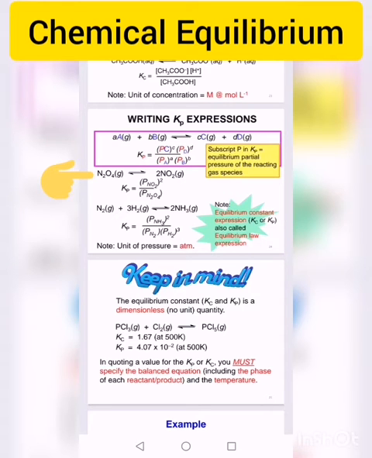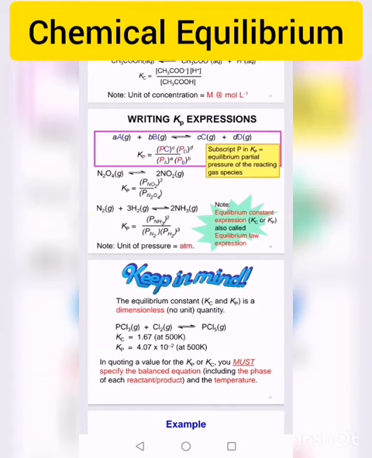Next, nitrogen and hydrogen decompose to produce ammonia, a reversible reaction. We have the partial pressure of ammonia to the power of 2 divided by nitrogen and hydrogen. The unit of pressure is atmosphere.